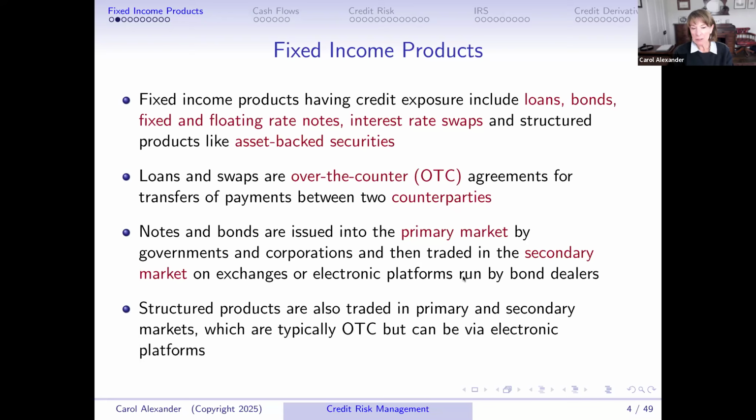Notes are just shorter-term bonds. Structured products are also traded in primary and secondary markets, but they're typically over the counter, but they can be on electronic platforms. There's a very broad variety of structured products available.